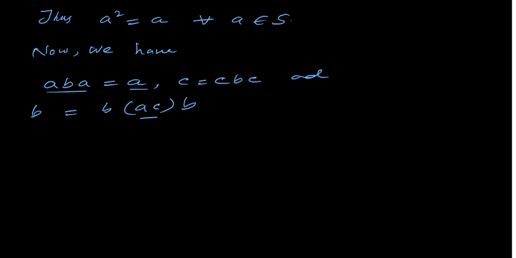So thus we have this AC. What's AC? AC का value हम लेंगे. What's A? A is ABA, and what is C? C is CBC.